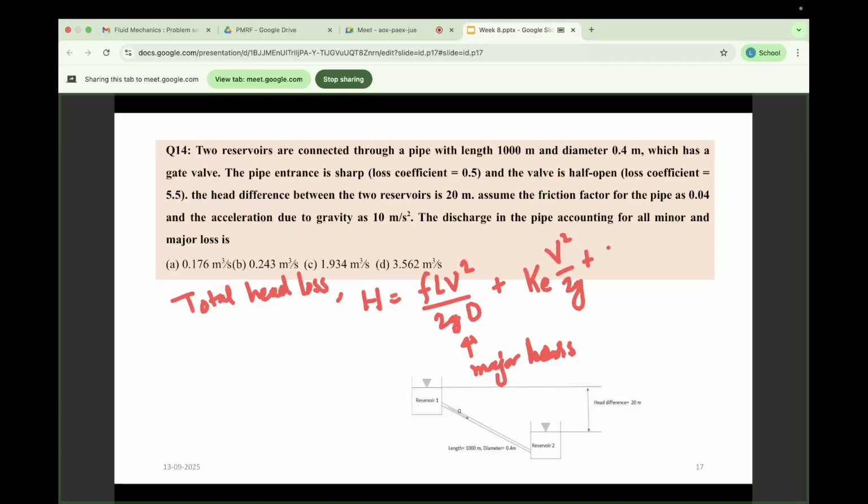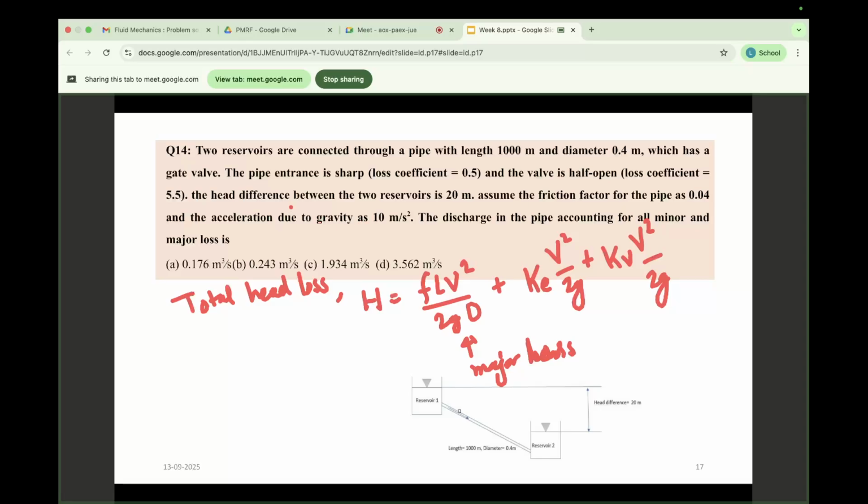Also the valve is half open, so that thing is also given. So for this valve there is some K valve into V square by 2g. And another loss is there, right? What is the loss?